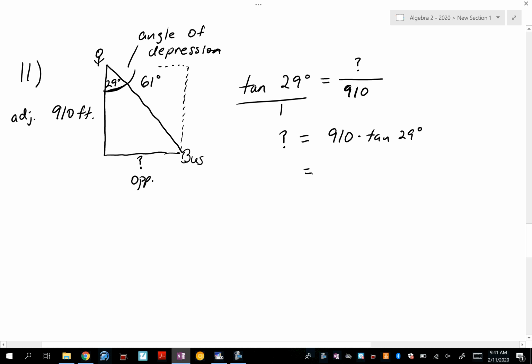All right, so that's going to be equal to 910 times the tangent of 29 degrees. It says round to the nearest foot. Okay, so it's 504 feet is the answer. All right, so that's how far away the building is from the tour bus.